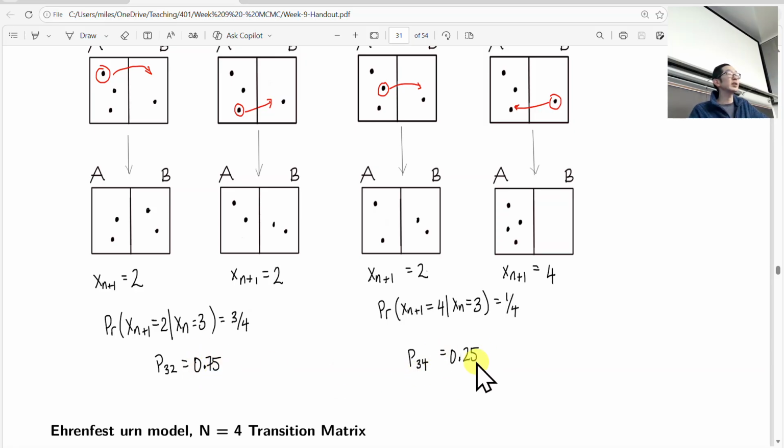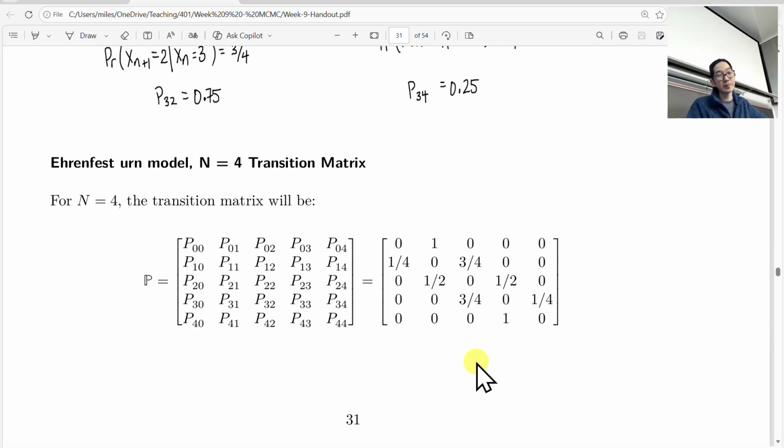And so I could fill this out, and I can follow the same logic for all of the other transition probabilities. Basically, we looked at row 2, the middle row, and the row after that. So we calculated 2 to 1 and 2 to 3. Those are 1/2 each, and 0 for everything else in that row.